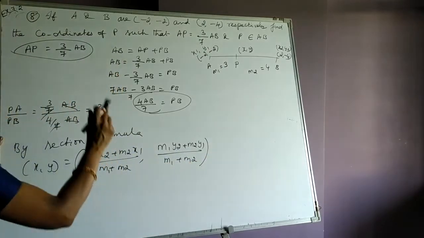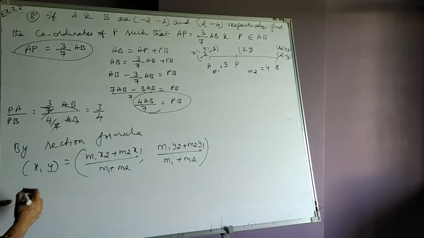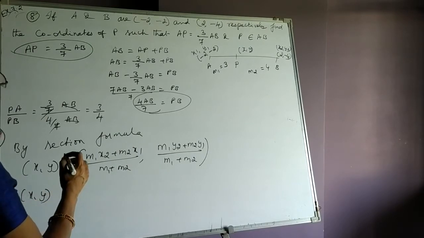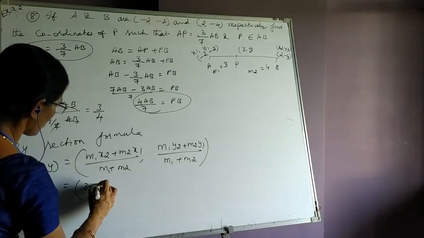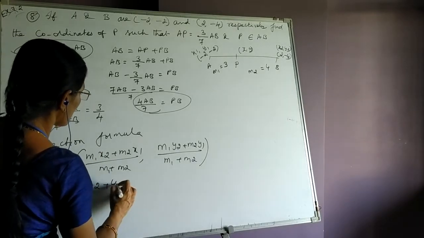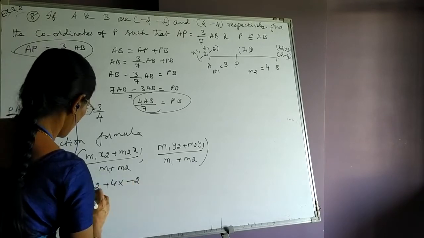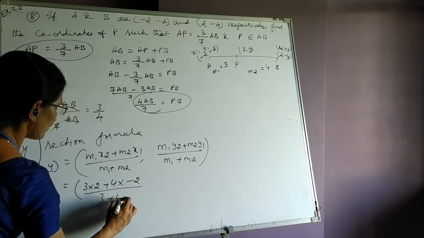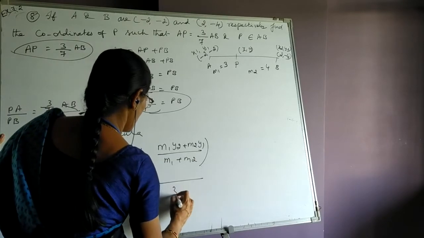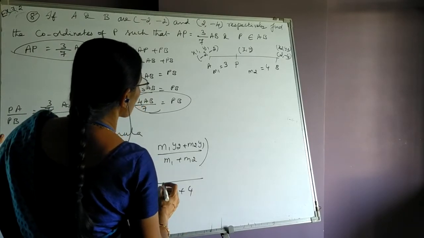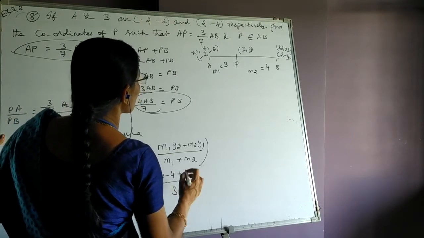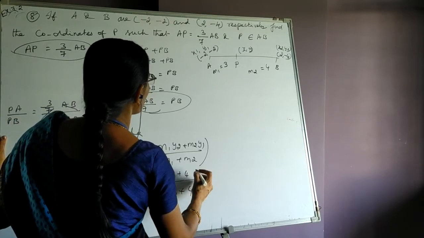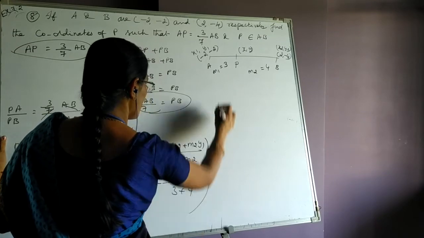Right. Now let us substitute the terms we have marked. x, y is x, y only. M1 is 3, x2 is 2, M2 is 4, x1 is minus 2. M1 plus M2 is 3 plus 4. Here also it is 3 plus 4. M1 is 3, y2 value is minus 4, plus M2 value is 4, y1 value is minus 2.